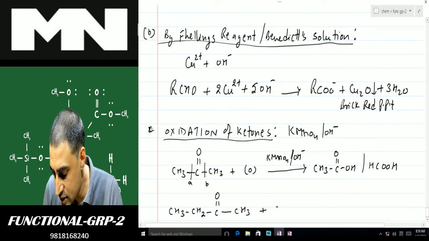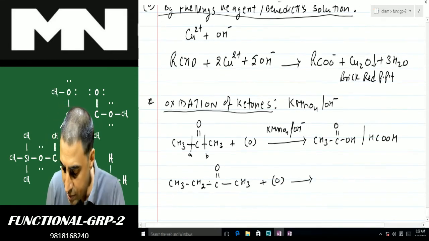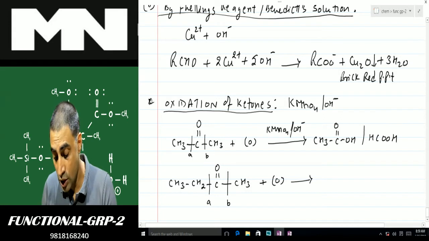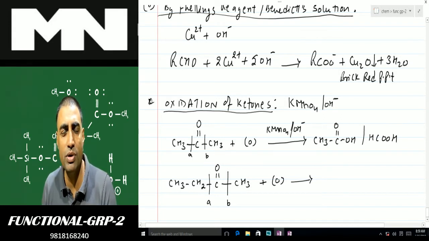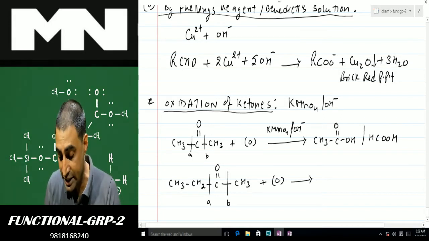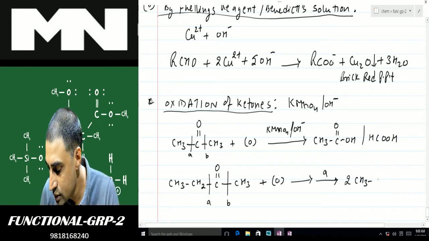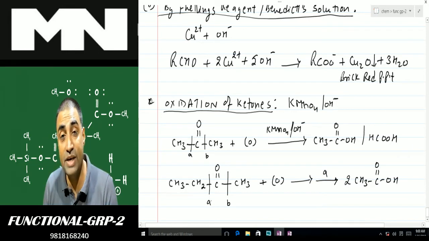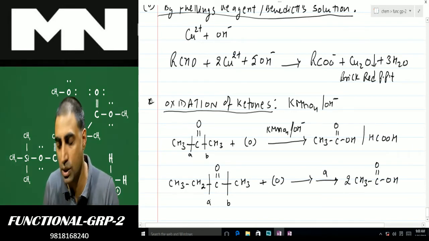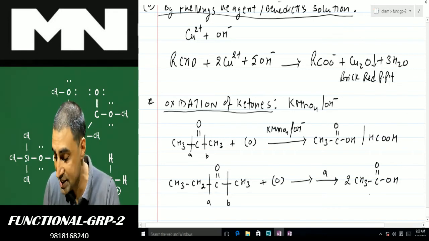If I oxidize this compound, again, the bond can break from side A or from side B. If it breaks from side A, you will get 2 carboxylic acids with 2 carbons each. From side A, on both sides you are getting 2 carbons, so you will get 2 moles of CH3COOH, acetic acid.